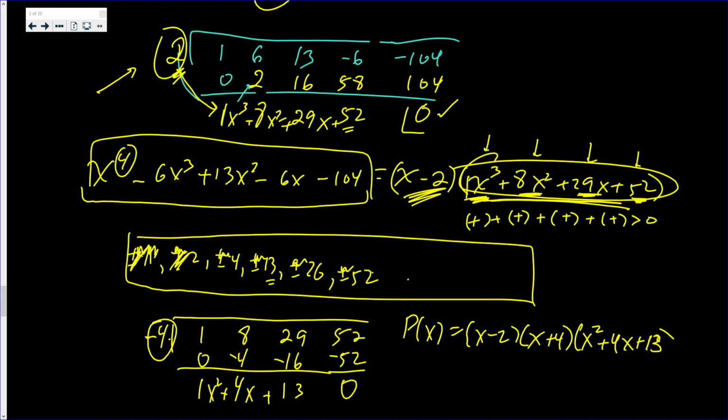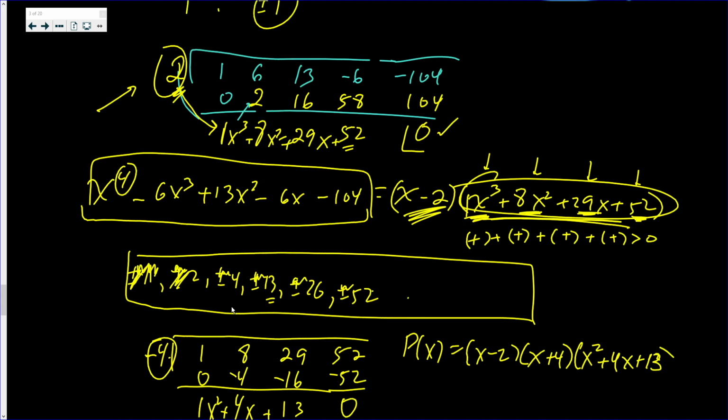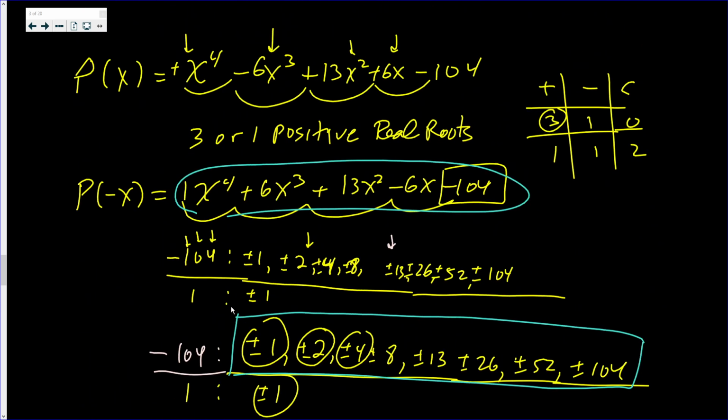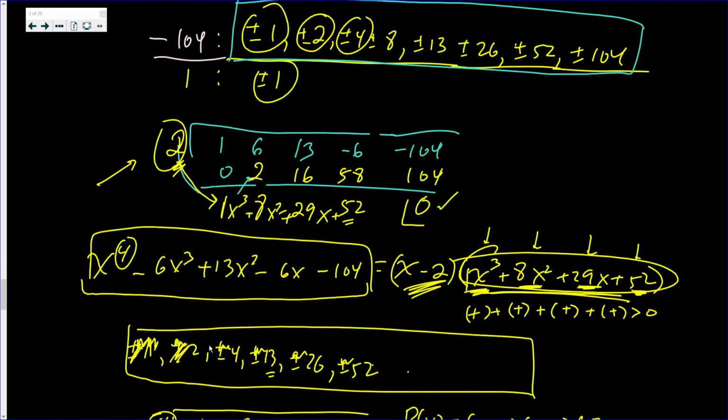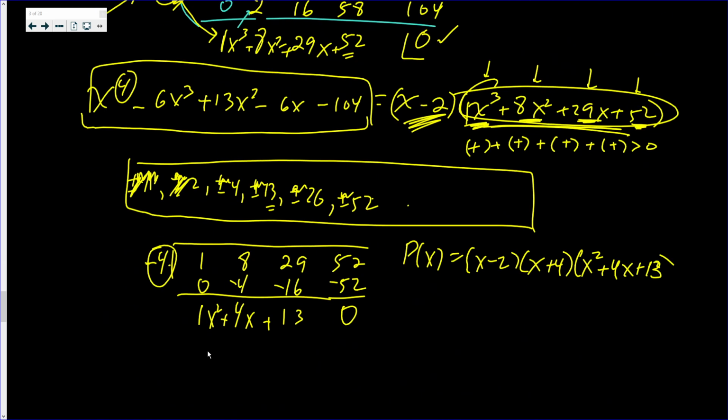Okay, now let's see what's going on. Somewhere we said that we'll have either 3 positive roots and 1 negative, or we'll have 1 positive and just 1 negative. Well, let's see. We found our negative right there.